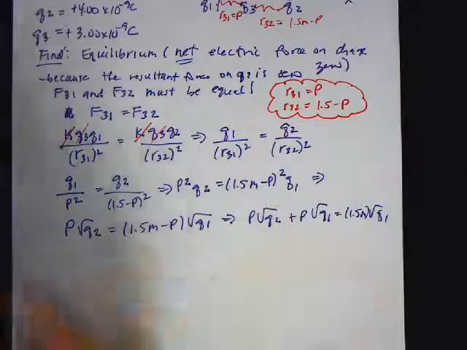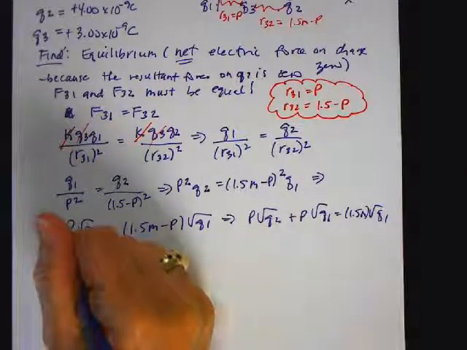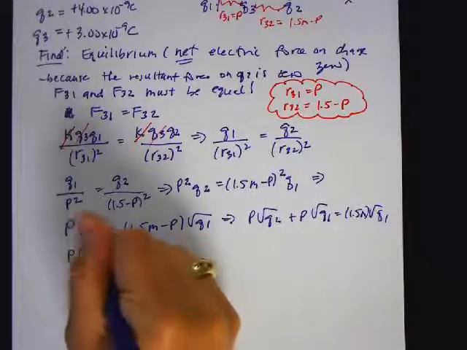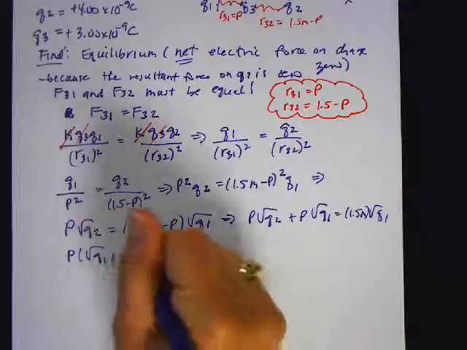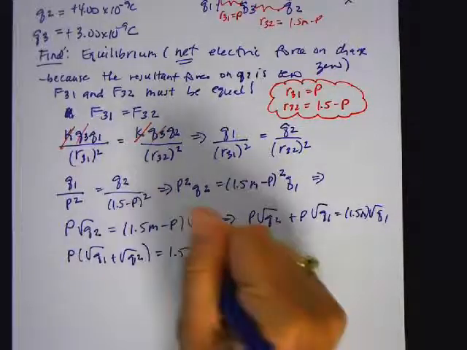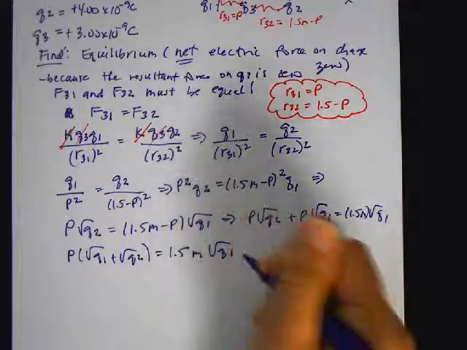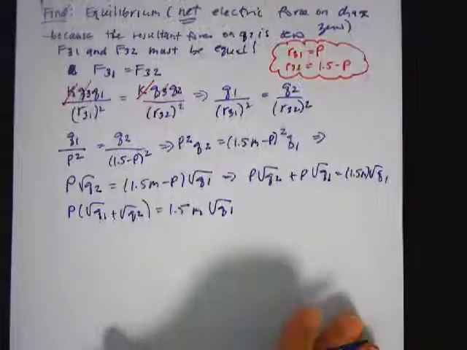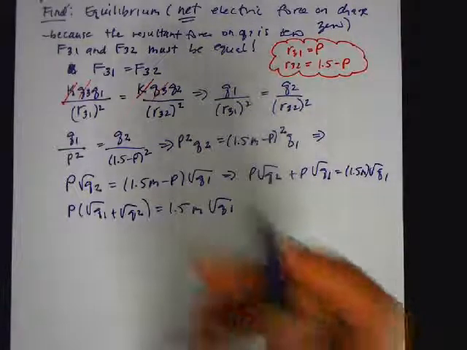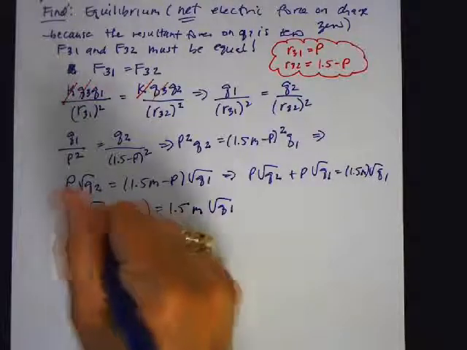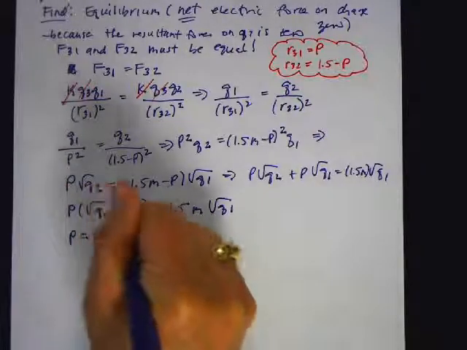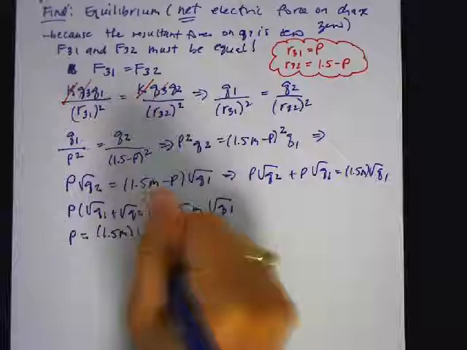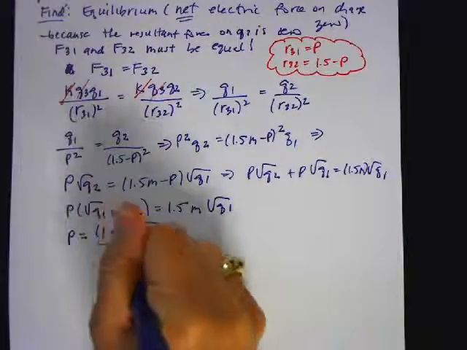This is step-by-step algebra. So P times radical Q1 plus radical Q2 is equal to 1.5 meters radical Q1. You know me, I like to rearrange the equation to solve for the unknown in terms of the known. So the way you do your algebra is up to you. So now I have P is equal to 1.5 meters radical Q1 over radical Q1 plus radical Q2.